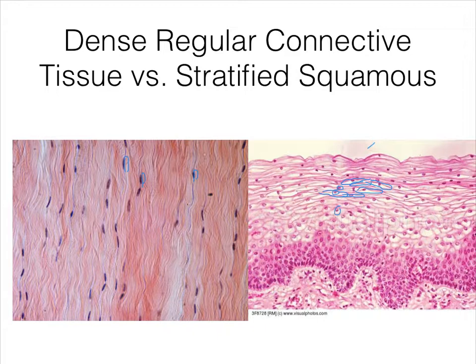You don't see a bunch of these next to each other. They're not densely packed with each other. Most of it is this fibrous tissue that is collagen fibers that's going down. In stratified squamous cells, you're going to have each cell next to another cell and a fairly dense pack of nuclei together.